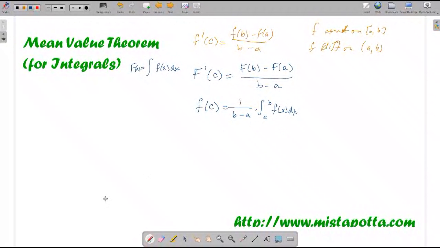Geometrically, what I'm talking about is that if I have a function and I'm trying to find the area under the curve from x equals a to x equals b, this area here has got to be equal to the area of some rectangle.